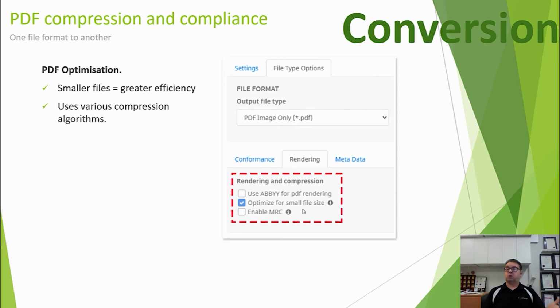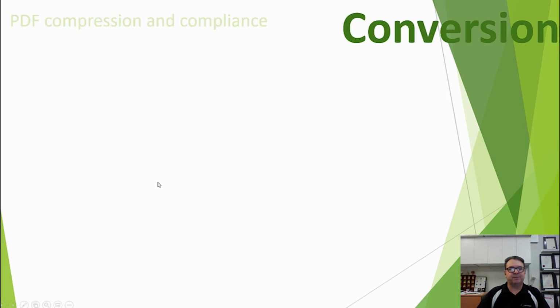We want a small file size. Why? Because smaller files travel through the network, the internet perhaps, but also are something that we might want to attach to an email and export out. Smaller file sizes are the best objective, of course.